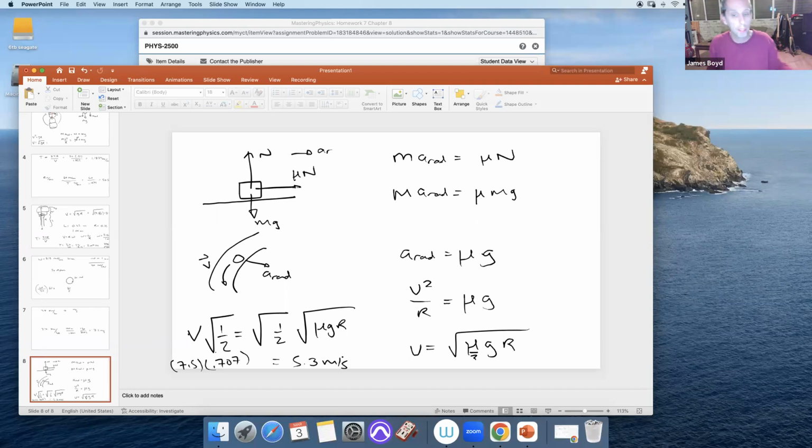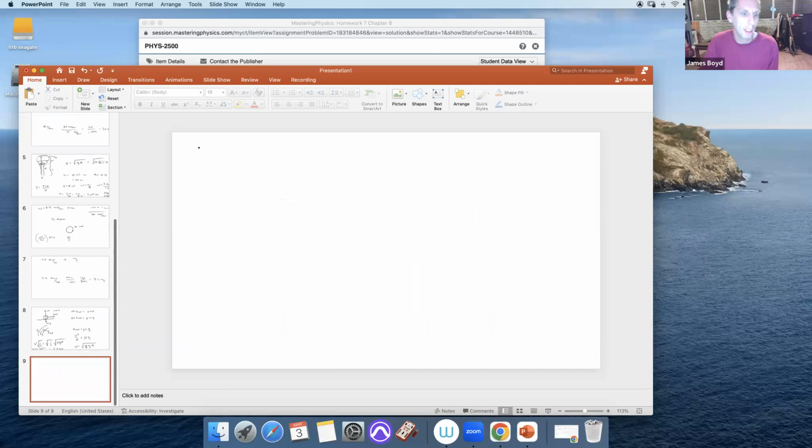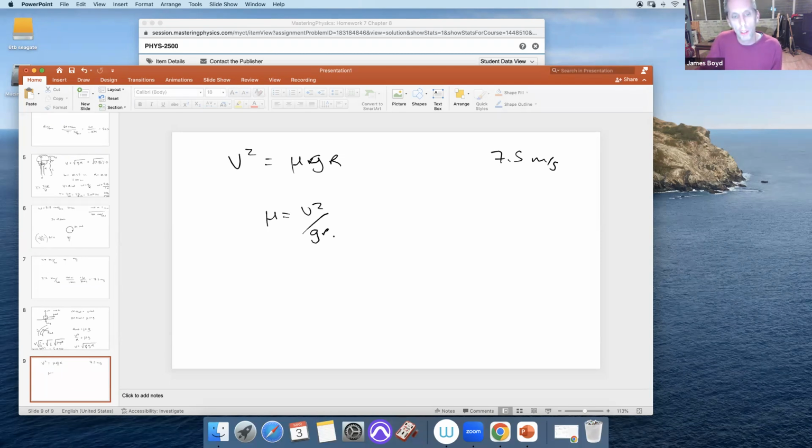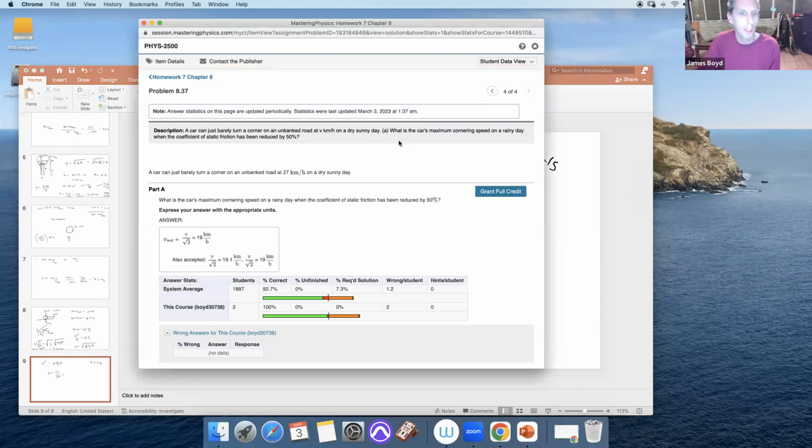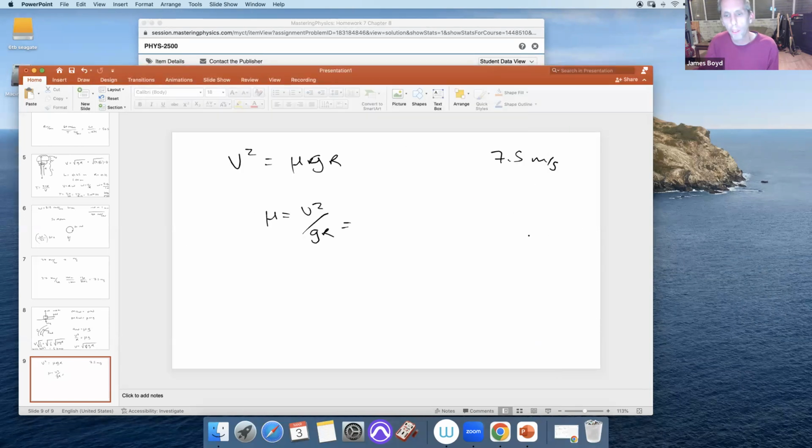Now you could have actually gone through and found mu. So what we could have done is v squared was mu g r. We know that v was 7.5 meters per second on a dry day. So mu is v squared over g r. They didn't tell us what r was, so never mind, we can't do that.